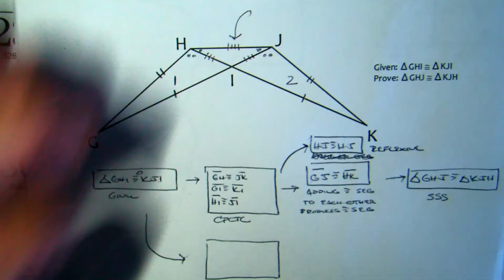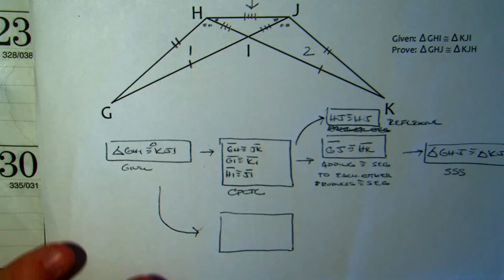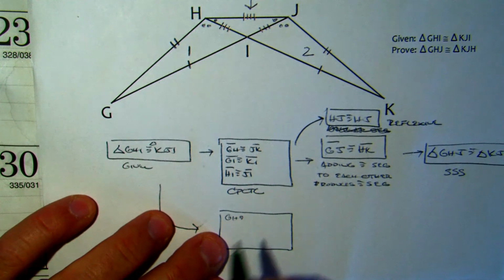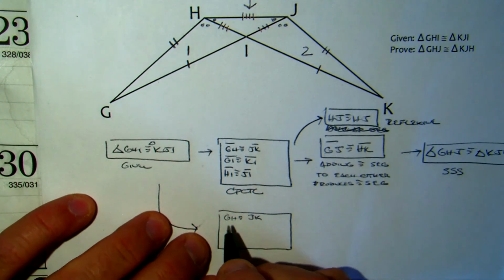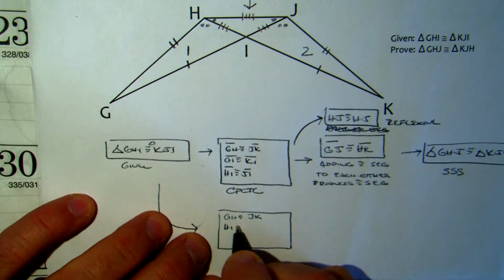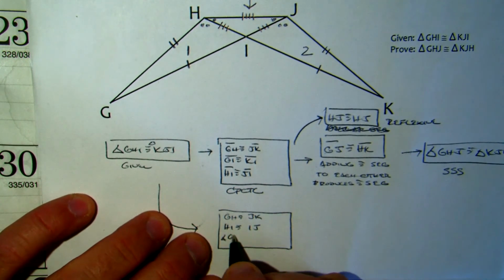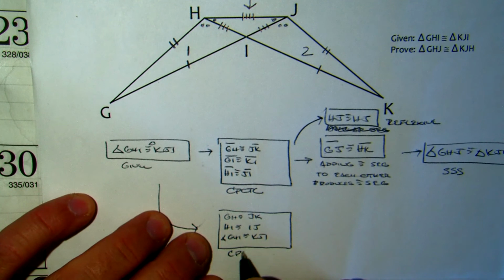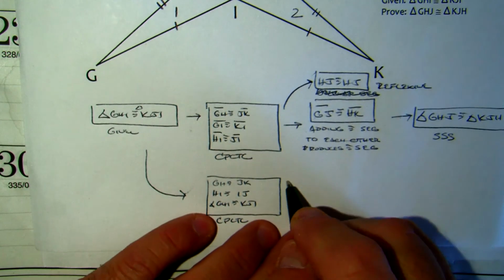Okay? So now if I do it a second way, I'm going to go with GH congruent to JK, just like I did. I'm going to go with HI congruent to IJ, and I'm going to go with angle GHI congruent to angle KJI, is CP. Then I'm going to say two things.